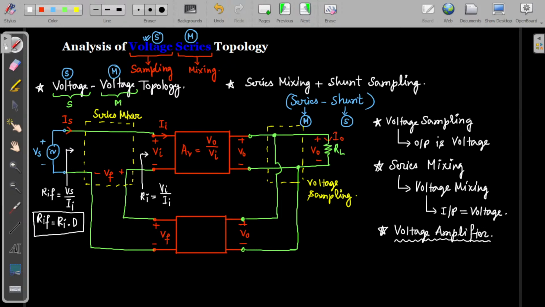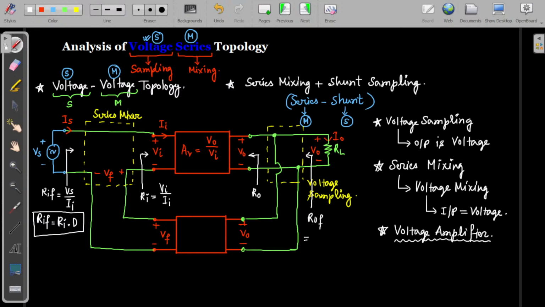So feedback के बाद जो आपका input impedance होंगे वो आपका increase हो जाएगा. But here the output impedance of the basic amplifier was R0, and if we find the output impedance at this point, it is R0F.